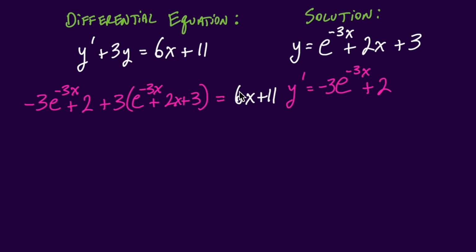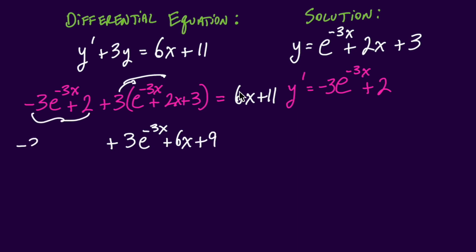So if we go ahead and distribute this 3, we're going to get plus 3e to the minus 3x plus 6x plus 9, and then rewriting here, we're going to have 3e to the negative 3x plus 2.